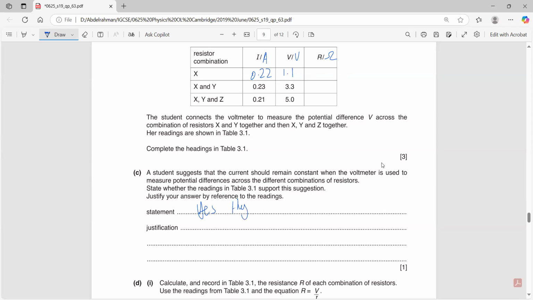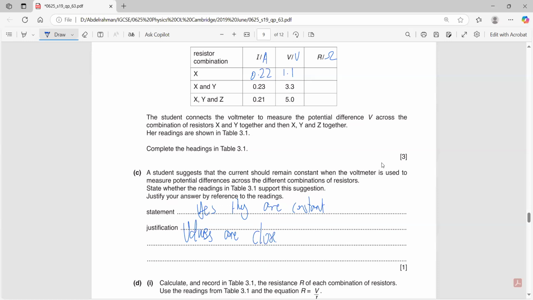Why are they constant? Because the values are very close, within the limits of experimental accuracy.